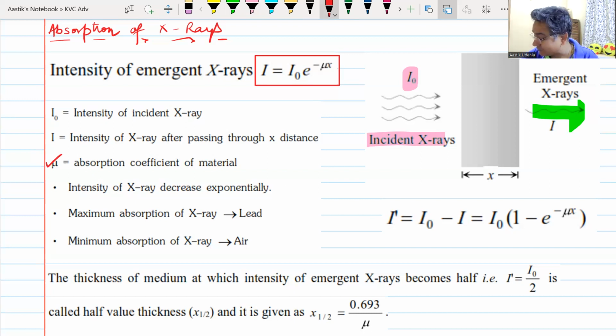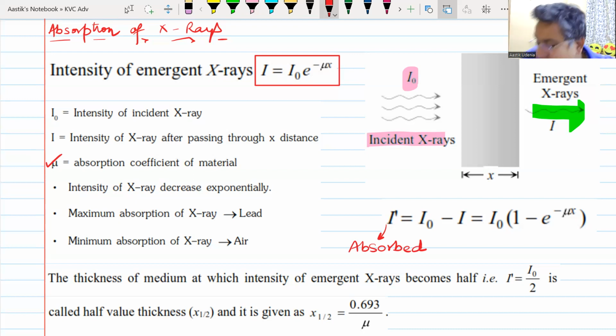Do we understand this? Yes, sir. I dash is the intensity of the absorbed radiation. Do we understand this?